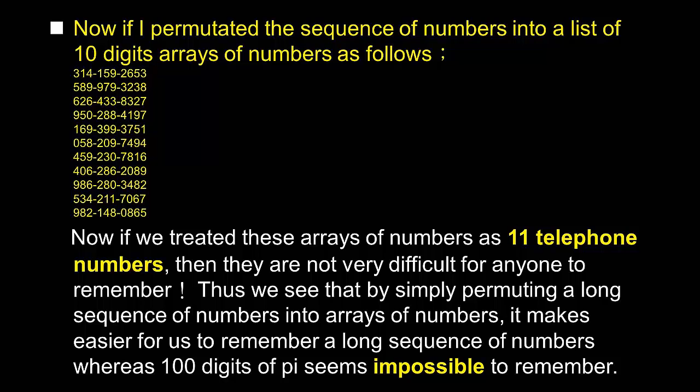to remember. Thus, we see that by simply permuting a long sequence of numbers into arrays of numbers, it makes it easier for us to remember a long sequence, whereas 100 digit of pi seems impossible to remember.